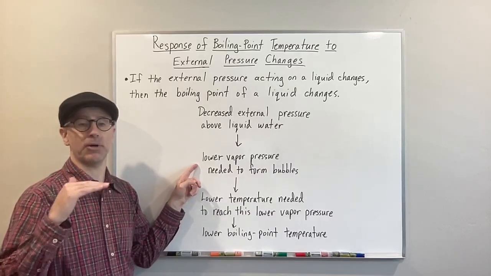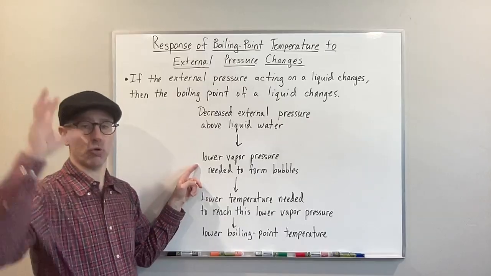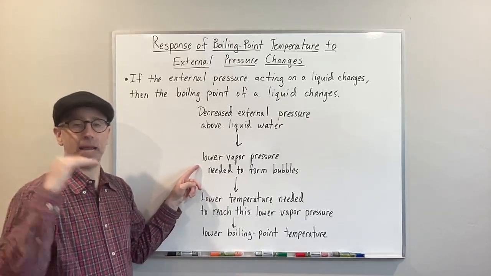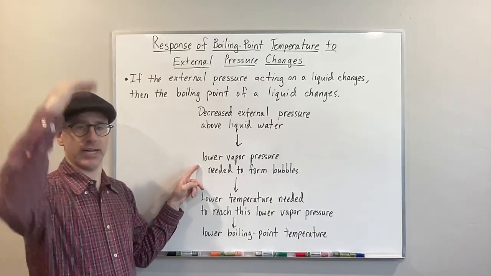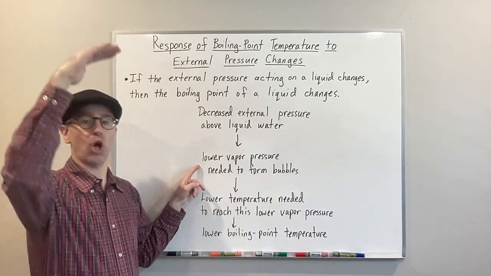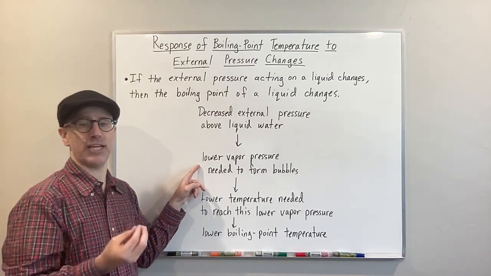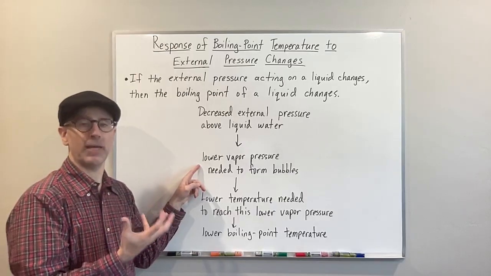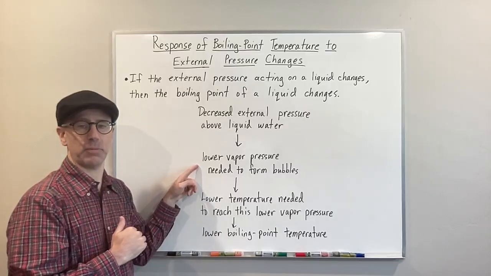Remember, in order to form a bubble that's going to stay and float to the top of the liquid, which is what we call boiling, the vapor pressure has to be at least equal to the external pressure. If you lower the external pressure, then the vapor pressure you need inside the bubble to get it to form is going to be lower. So you don't need as high of a vapor pressure.